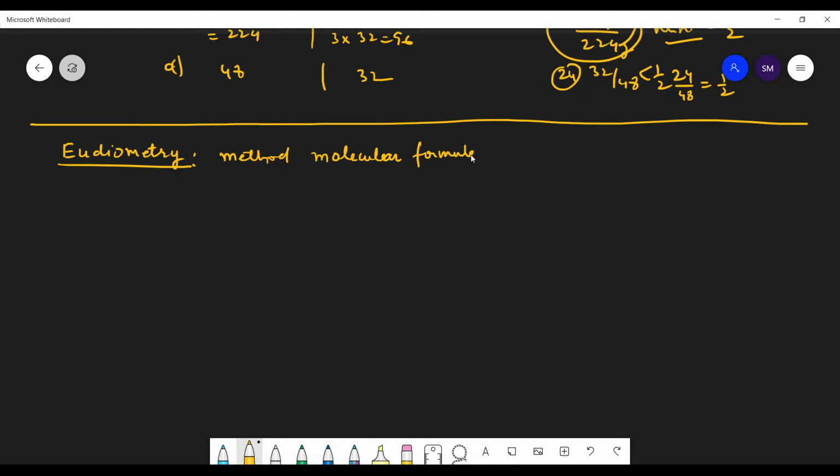You already know the method of finding the molecular formula using the percentage composition, then finding the empirical formula and then the molecular formula, right? But now we will be dealing with gases. So what do we do in this method? We find the molecular formula or the percentage composition.